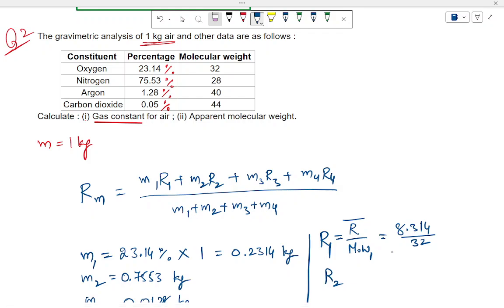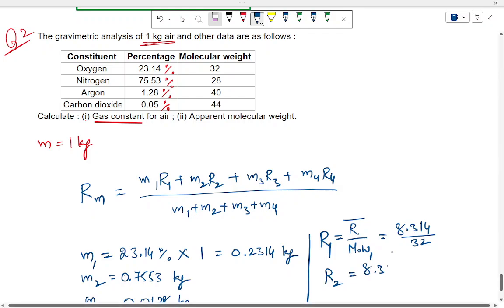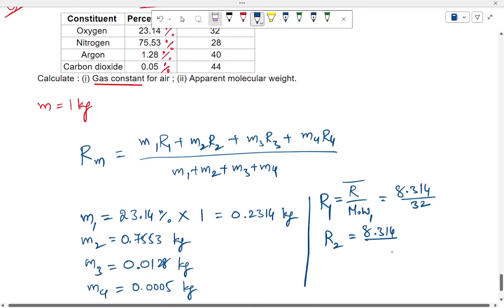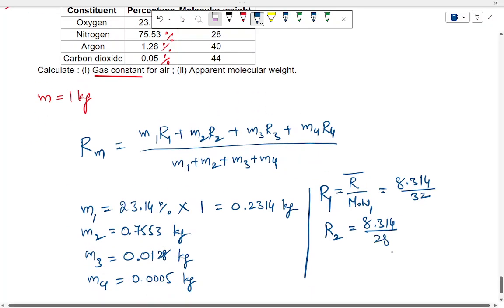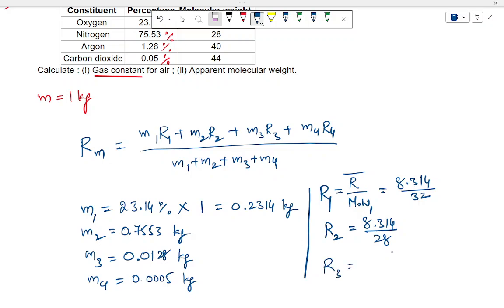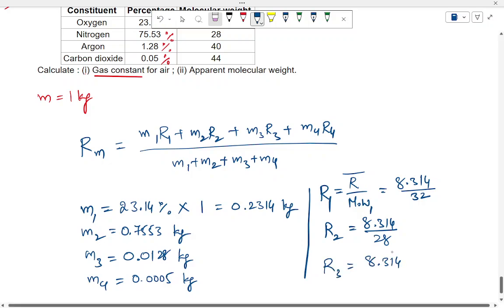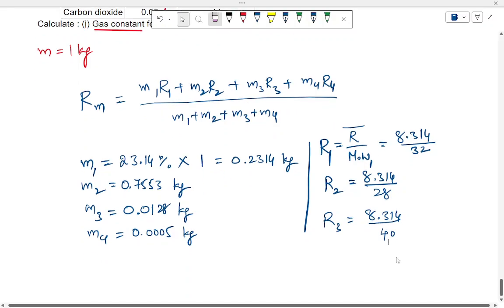So the R2 is similarly 8.314 by 28 for nitrogen, and the R3 is 8.314 by 40, and R4 is 8.314 by, I guess it will be 44. Yeah, the 44 for carbon dioxide. So the R values are known, and M1, M2, M3, M4, all the values are known to you.